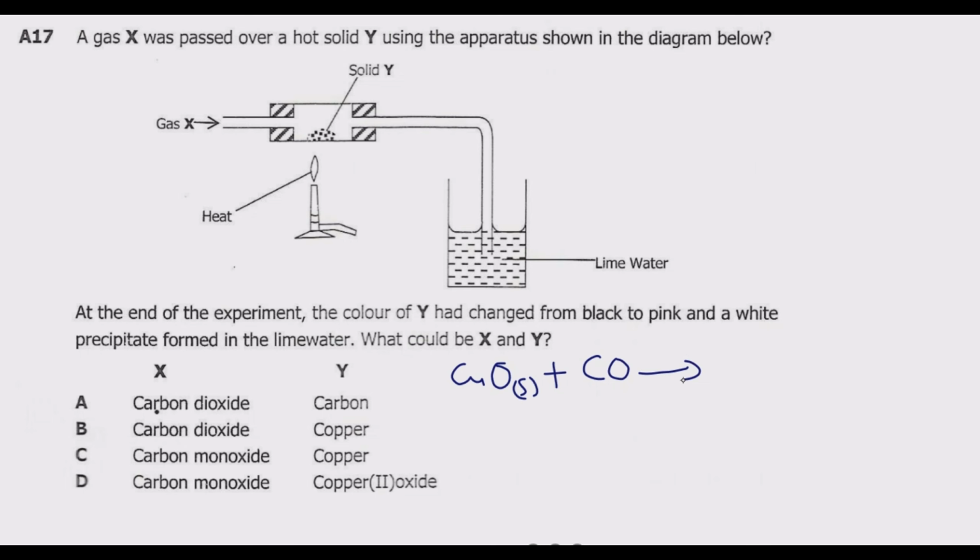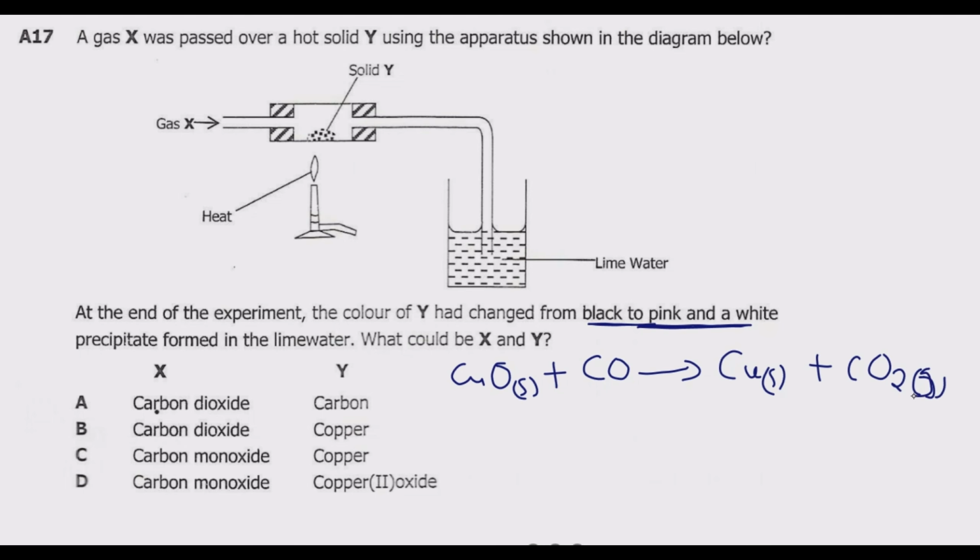So we are going to have the copper solid, which is the pink solid, plus carbon dioxide, which is the gas. Now this carbon dioxide is going to be passed into lime water.